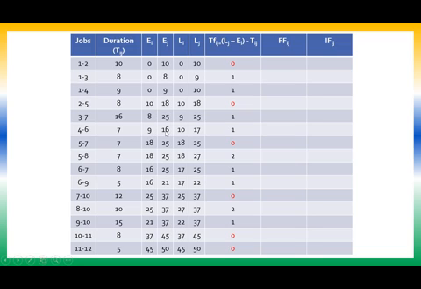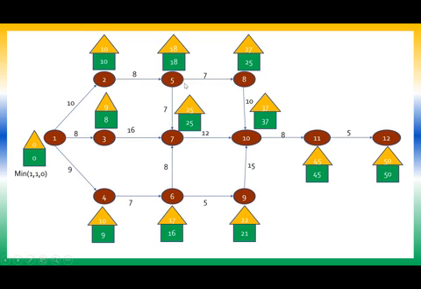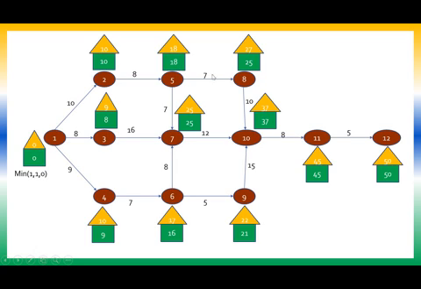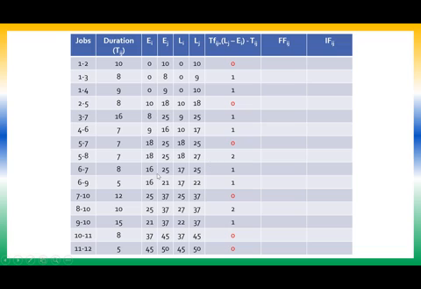I have written 9 and 16. Then 5 to 7. 5 is here, 18, 7 is 25. So I have written 18, 25. Then 5 to 8. 18, 25. So I have written 18, 25.